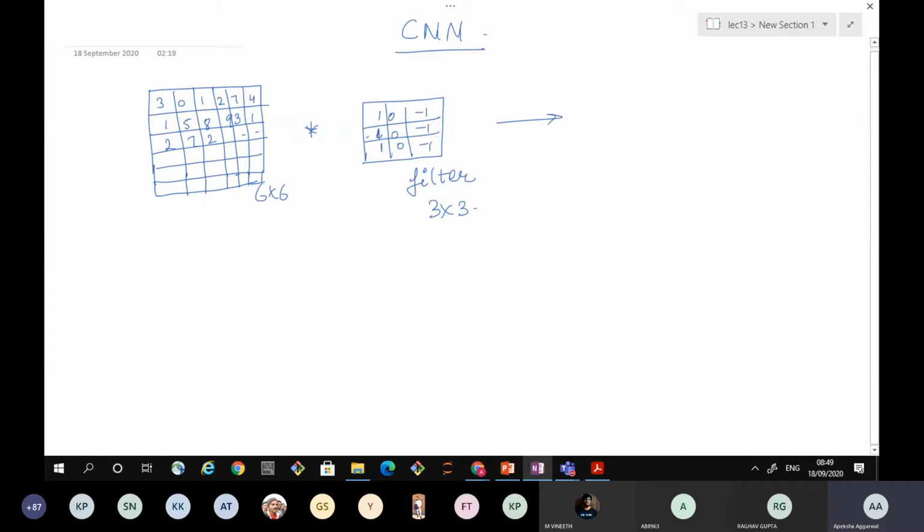So what does the convolution operation say? The convolution operator is represented by this star or asterisk.